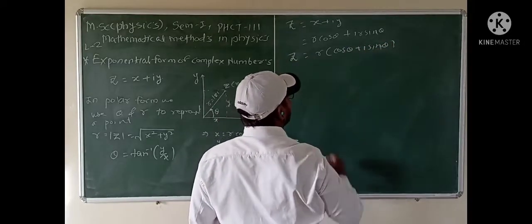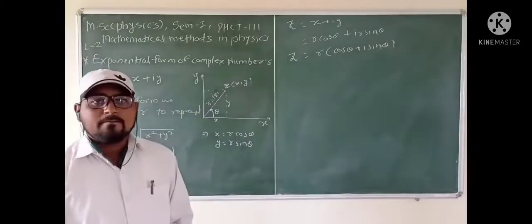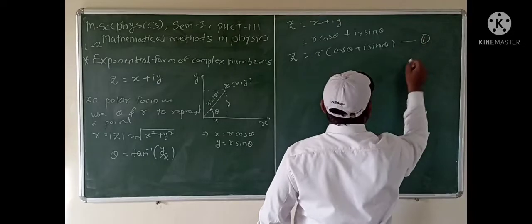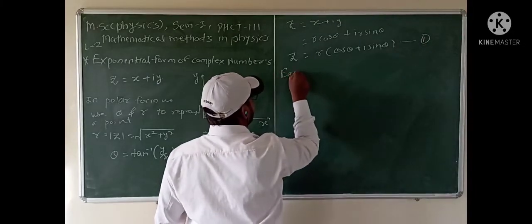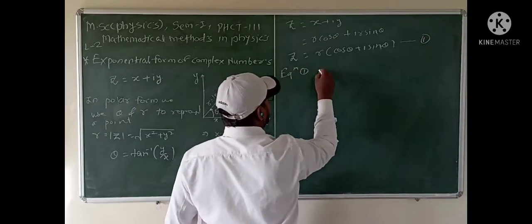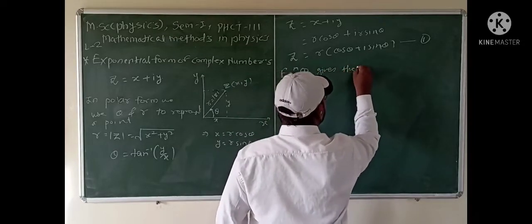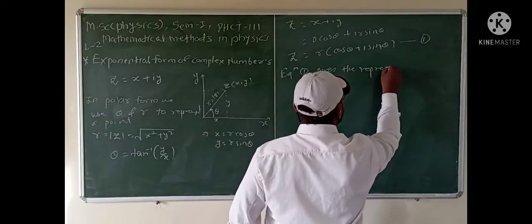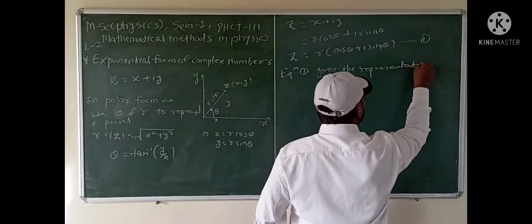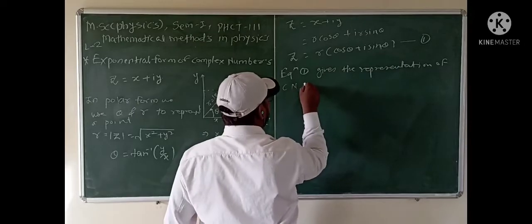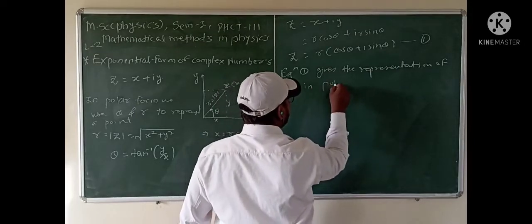This is the representation of a complex number in polar form. You can see that this equation 1 gives the representation of a complex number in polar form.